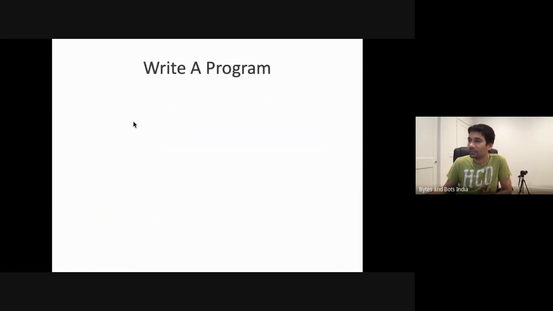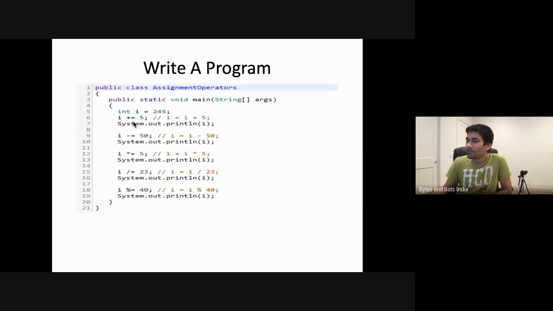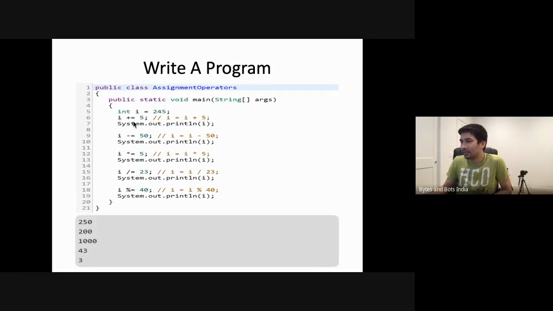So we can write a program, but let's not do that. I think it's very intuitively easy to figure out what the result is going to be. So let's just look at the result and see if it makes sense. So at line 5, I is 245.